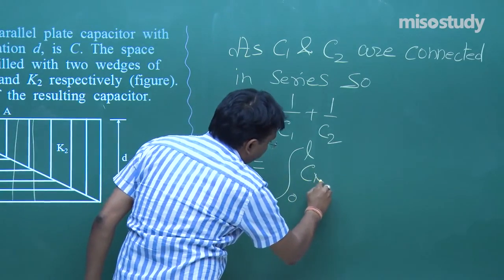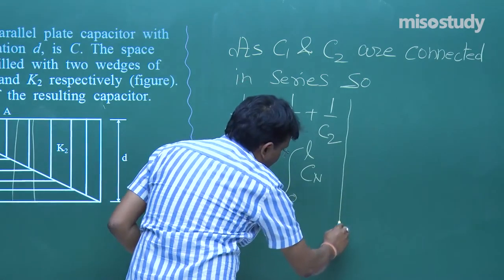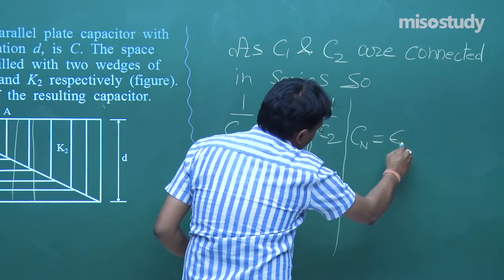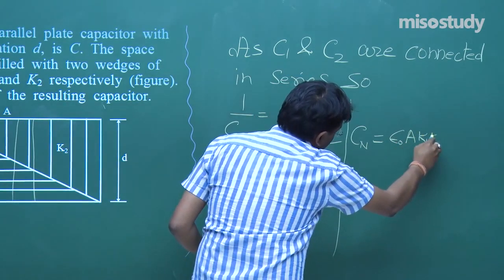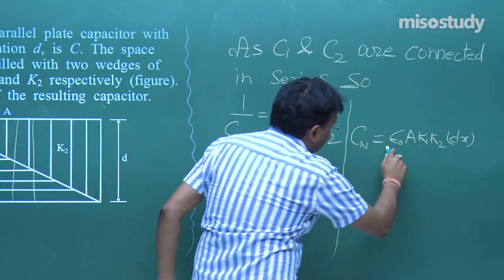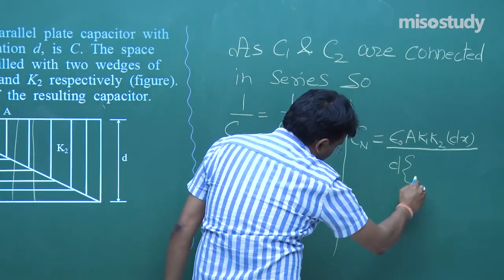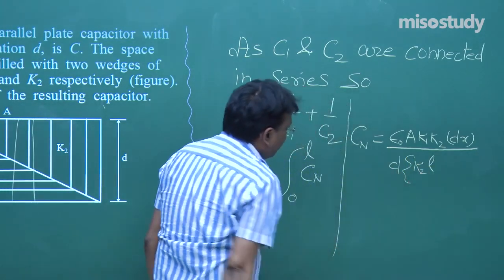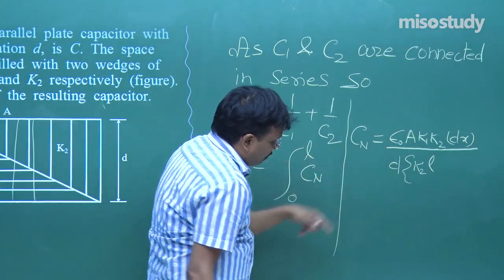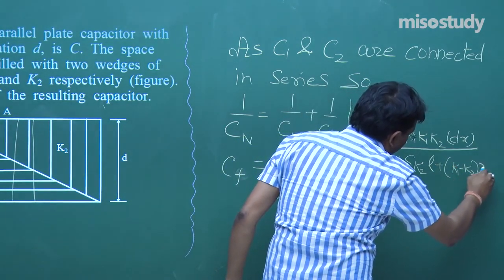The expression for C net you can easily get by solving: epsilon naught A K1 K2 dx upon dx into d within bracket K2 L plus K1 minus K2 x.